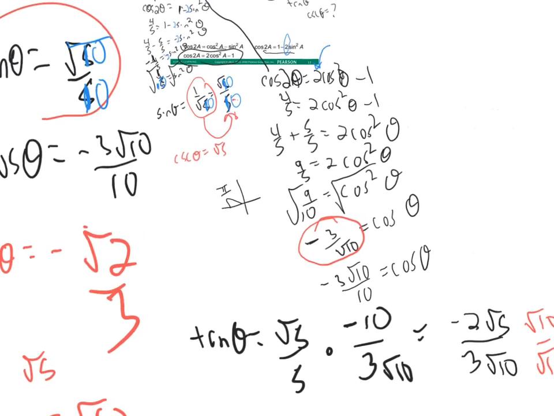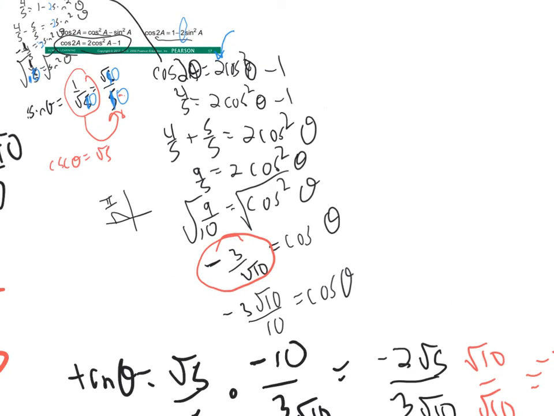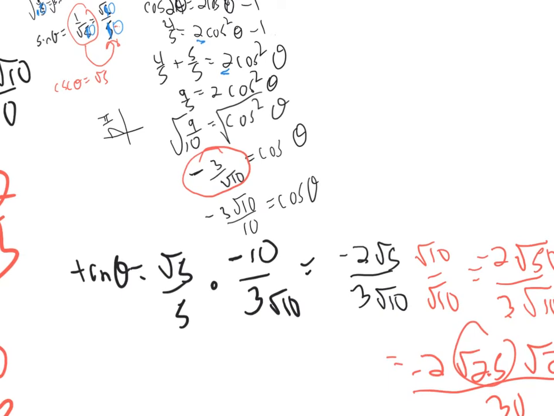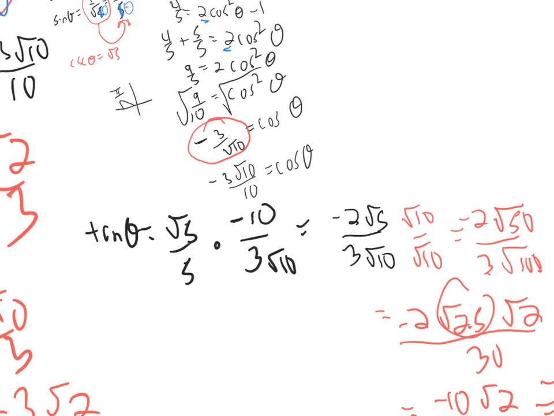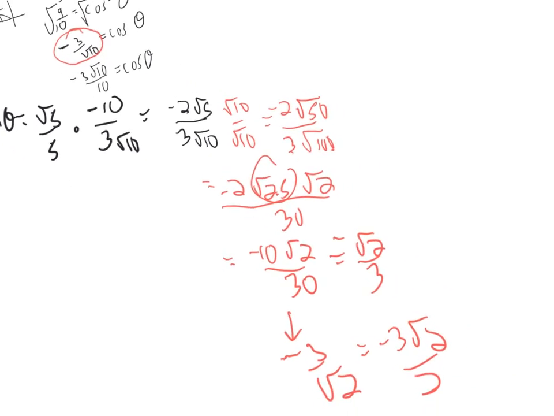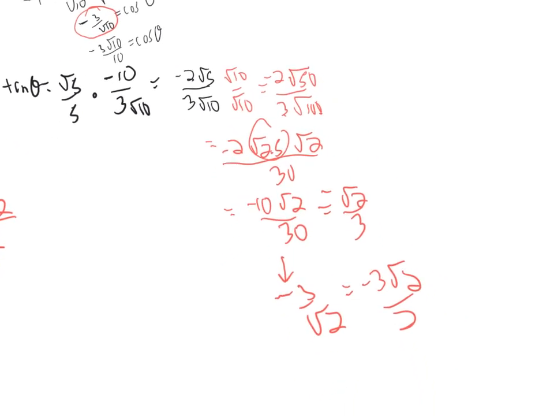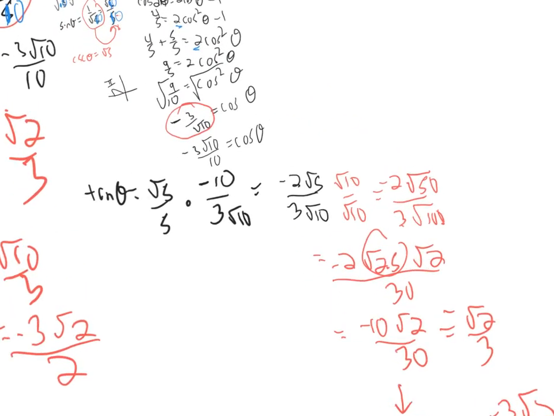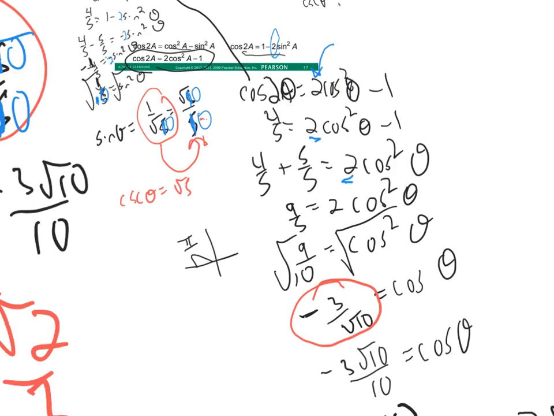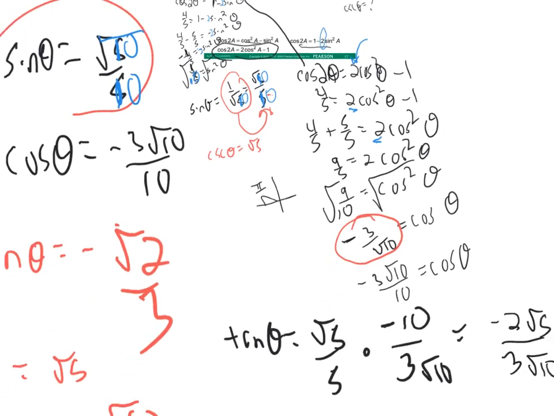Let's see. It looks like I did this formula. I put the 2 here, so I must be okay. Let's check it out. Negative 3 square root of 10 over 10. Tangent. I don't have that. Let me make sure I put the right formula down. Oh, I didn't do it his way, I don't think.